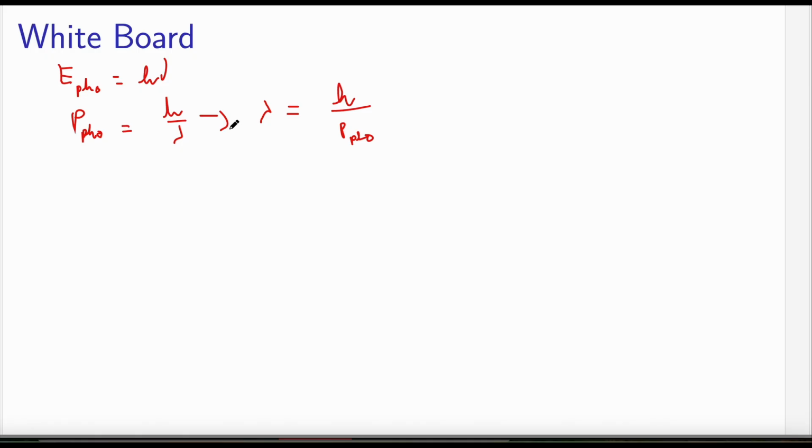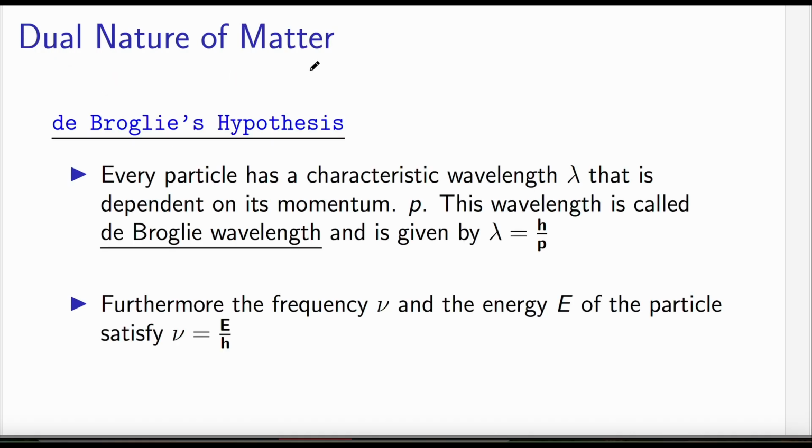So now what we see is, so from here we can go to what is called de Broglie's hypothesis, dual nature of matter.